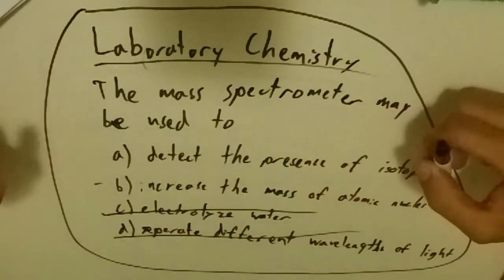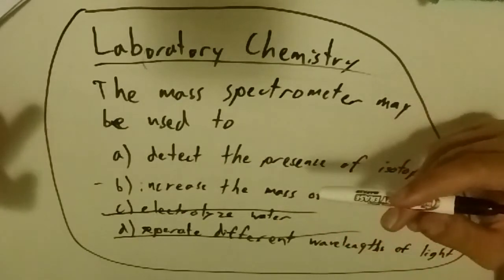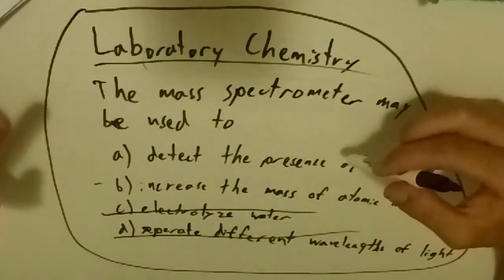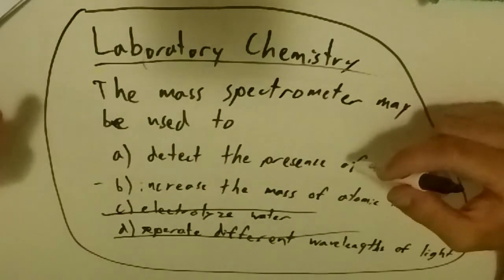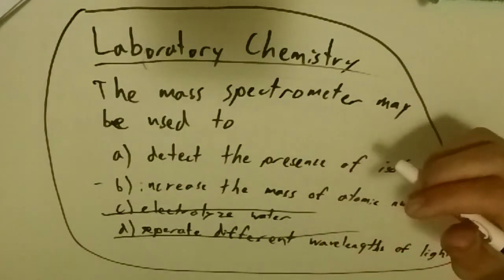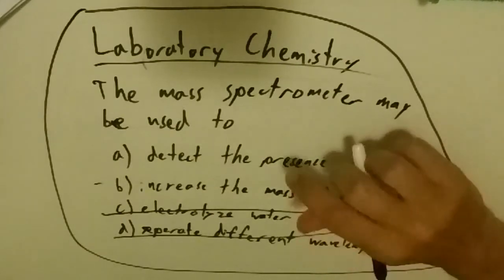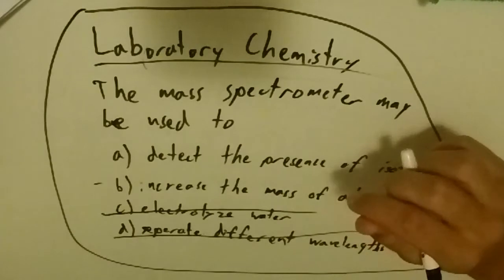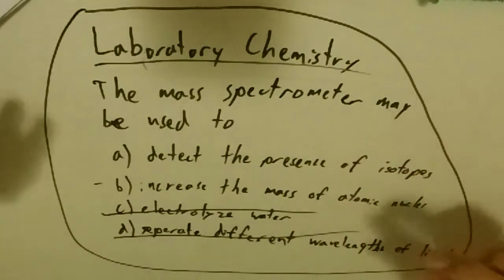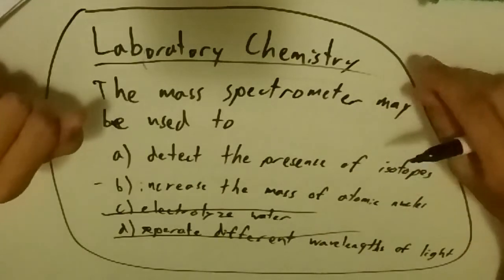Detect the presence of isotopes. So this device probably measures mass, and isotopes have to do with the fact that there are multiple isotopes of every element, and if you add or subtract neutrons, which have mass, it'll give your element a different resulting mass.